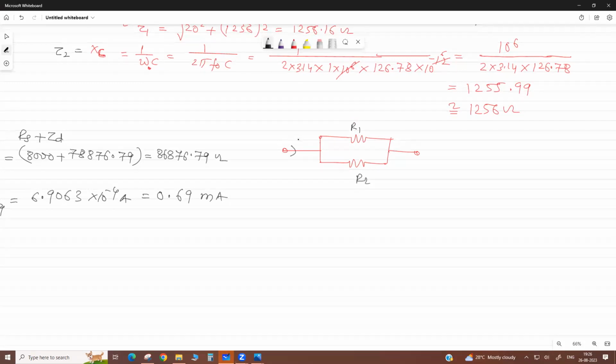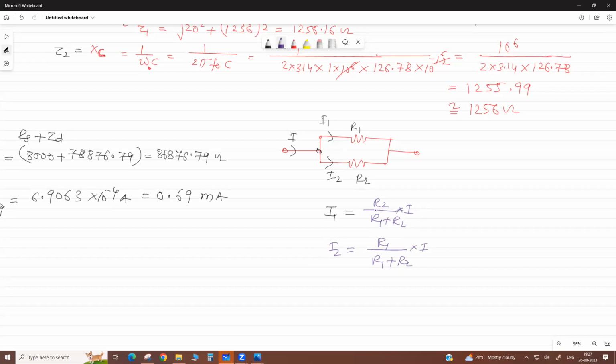Now this total current is divided here in two parts, I1, I2. What is I1? I1 equals R2 by R1 plus R2, into total current I. Same like I2 equals R1 by R1 plus R2 into total current.